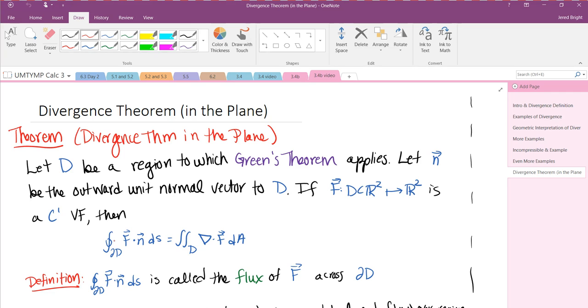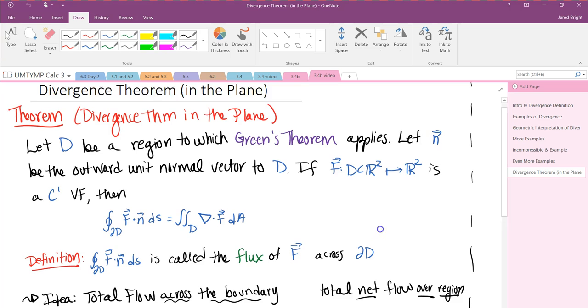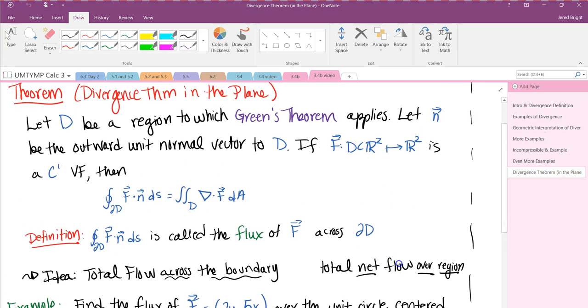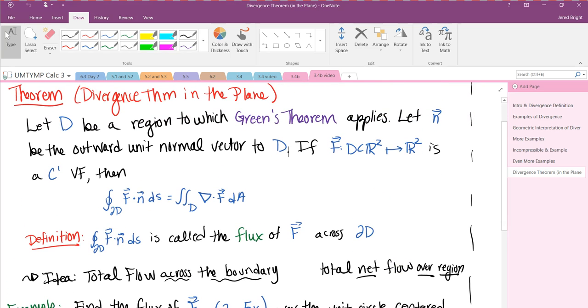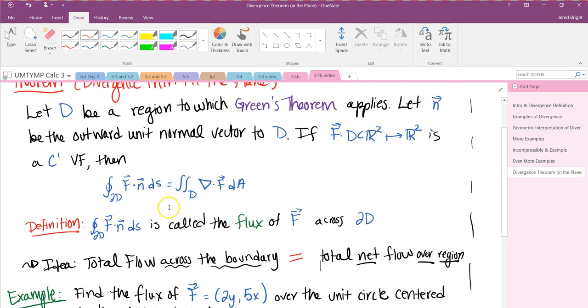So, to summarize the divergence theorem: the total flow across the boundary is the same as the total net flow over the region. We can look at either one and get the same thing. So rather than computing flux, we could do the double integral of the divergence.